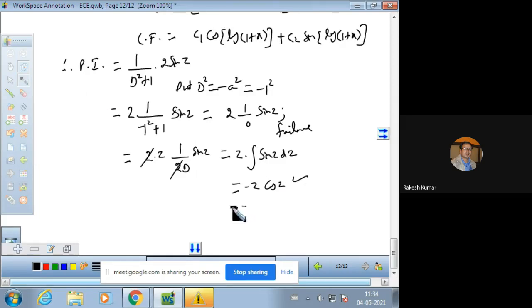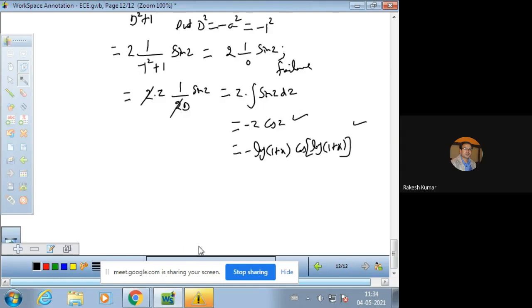But here you need to substitute the value of z, and your z was log of 1 plus x. So minus z cos of z becomes minus log of 1 plus x into cos of log of 1 plus x. So this is your particular integral. Now you can find out the complete solution of the given Legendre equation. That is y equal to complementary function plus particular integral.